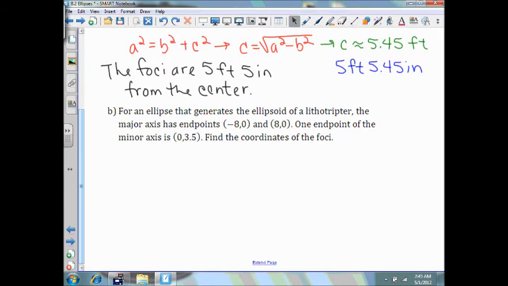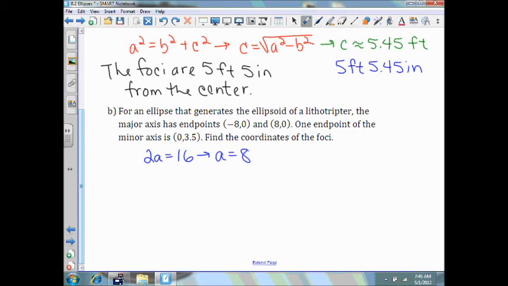Now moving on to B. It says for an ellipse that generates an ellipsoid of a lithotripter, the major axis has endpoints (-8, 0) and (8, 0), which means 2A is equal to 16, which means A is equal to 8. One endpoint of the minor axis is (0, 3.5). Find the coordinates of the foci.